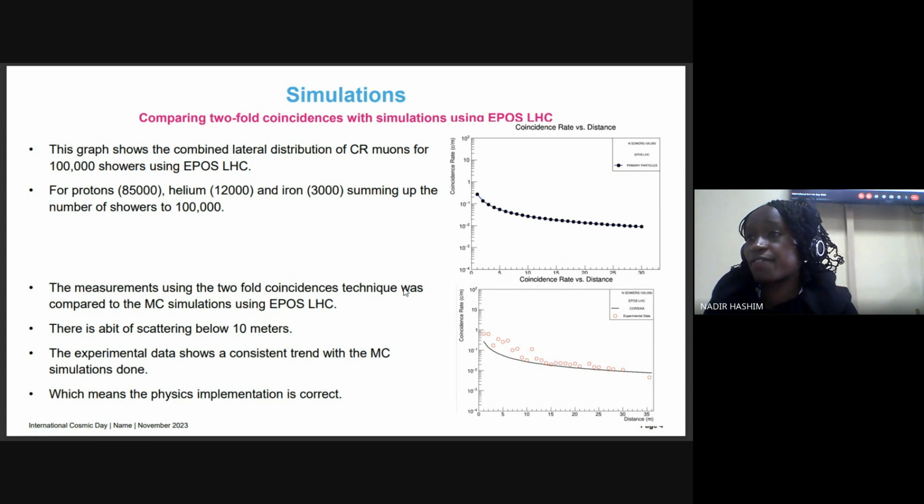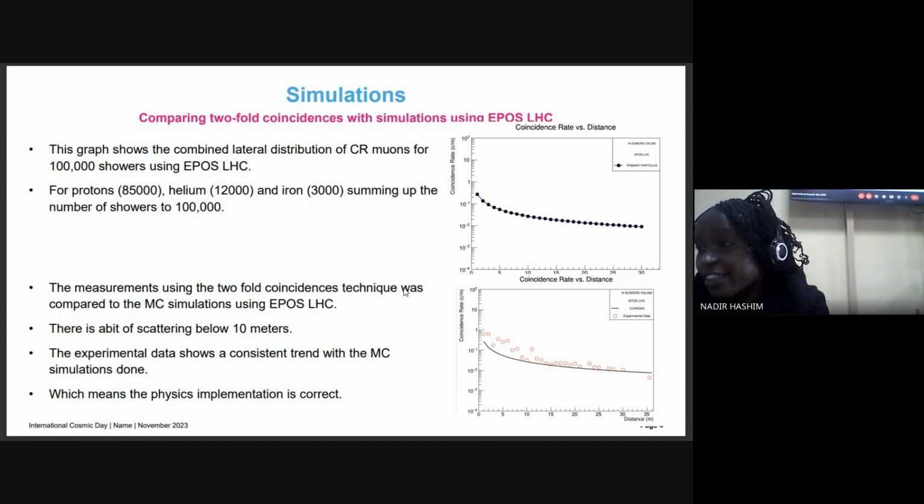And then finally, these data have been compared to the measured results using the twofold coincidence. So the results that we had after the measurement, we take the simulation and we compare directly.